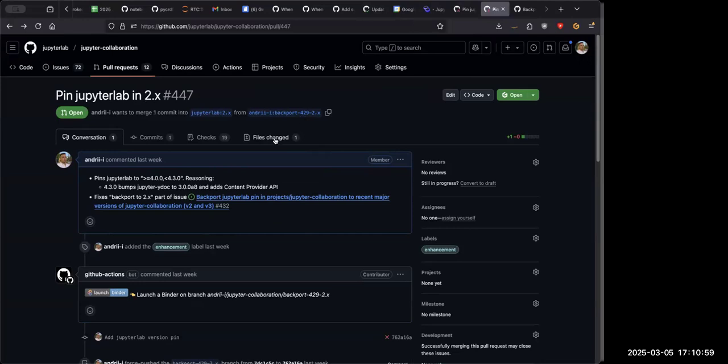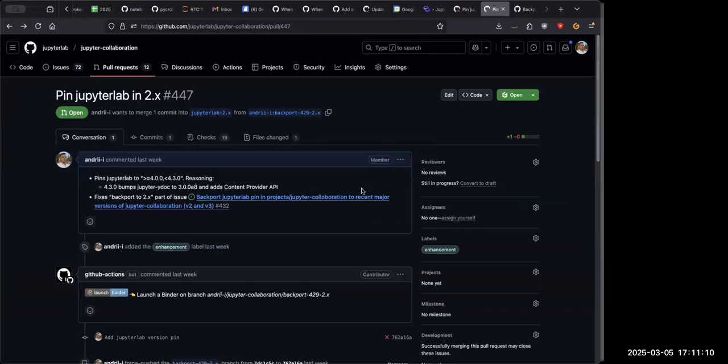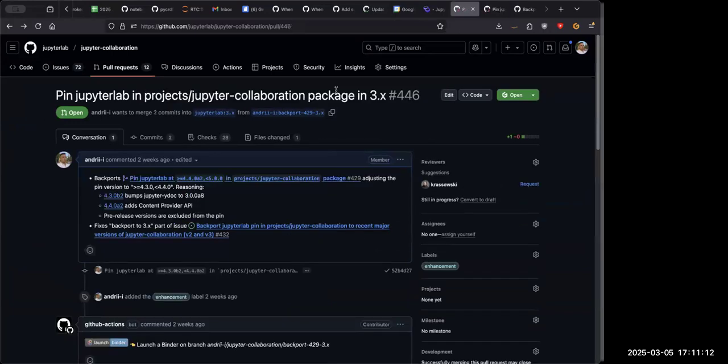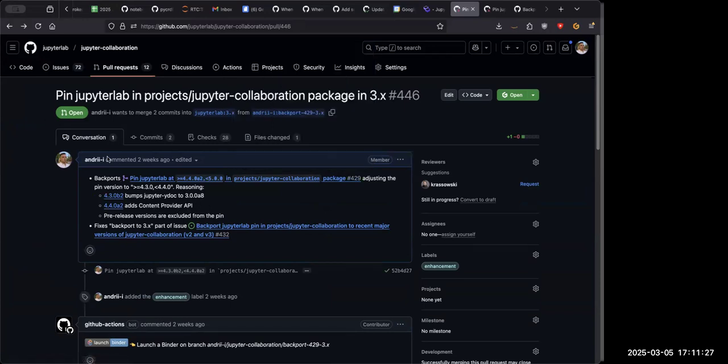And for the V2 branch, I pinned it from 4 to 4.3, not including 4.3. So for the reasoning, like why this particular version, I found that 4.3b2 bumps the Jupyter YDoc version, and that 4.4 introduces the content provider, right? Which 3.x collaboration doesn't use.